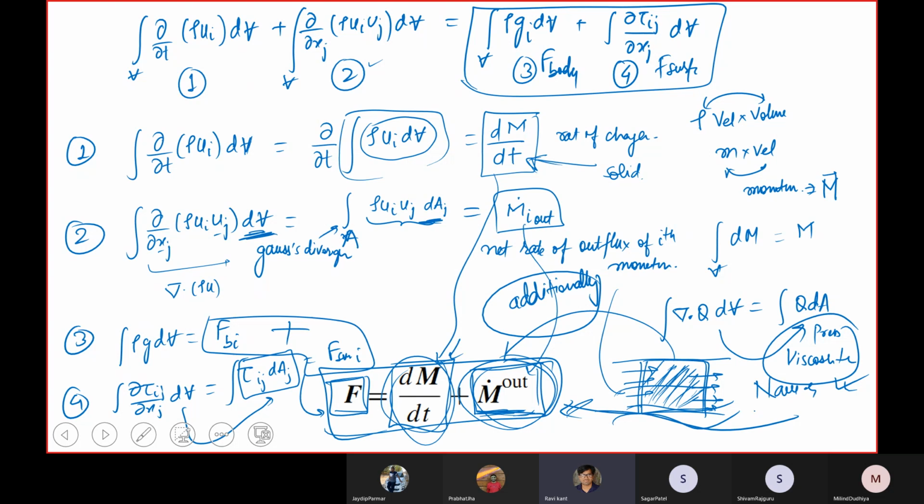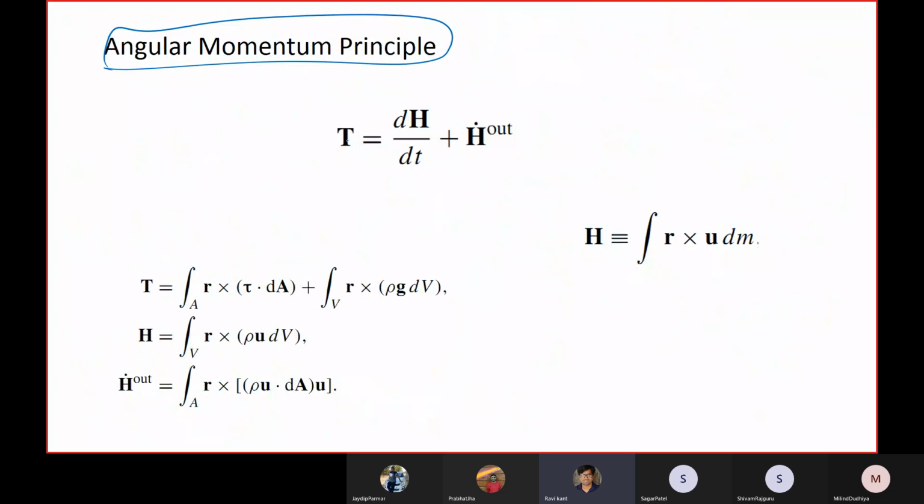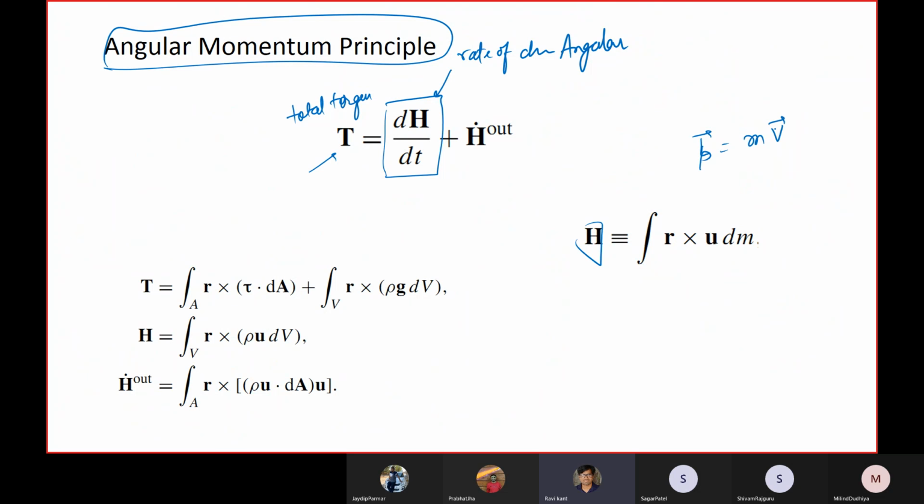Similarly, along the lines of linear momentum conservation, we have angular momentum conservation as well. The net total torque is nothing but the rate of change of angular momentum, and angular momentum is defined by H. Linear momentum P was defined as mv, so angular momentum is defined by r cross P, which is nothing but r cross mv, written here in differential form.